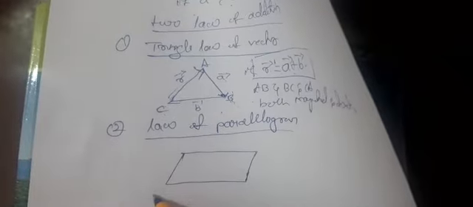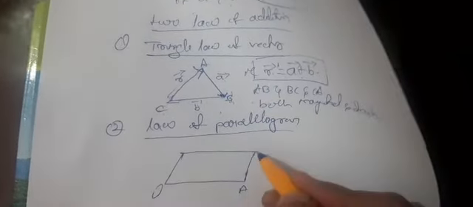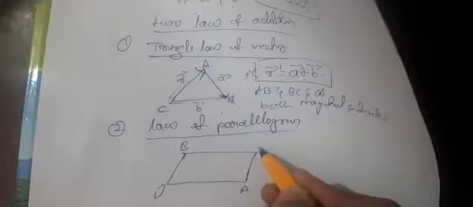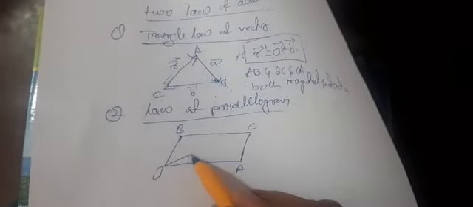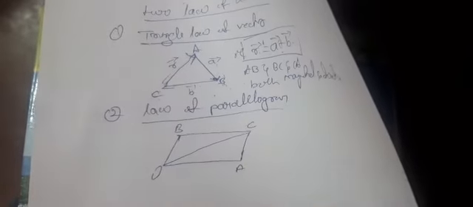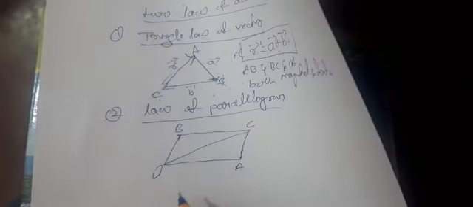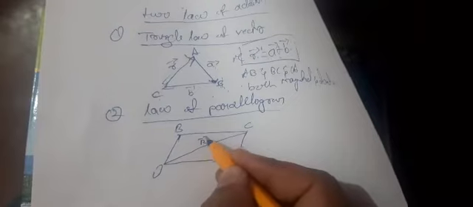That is O, A, B, C, the parallelogram, and the line OC is called the diagonal line. That is also called the resultant line.